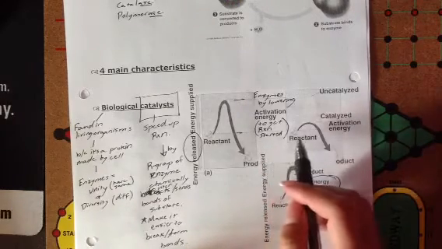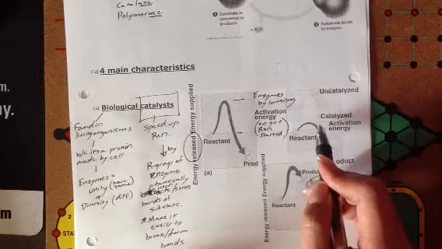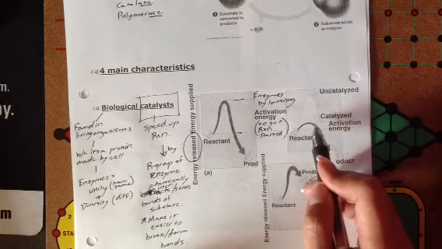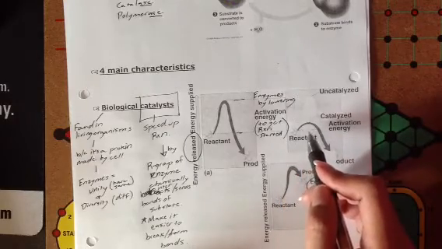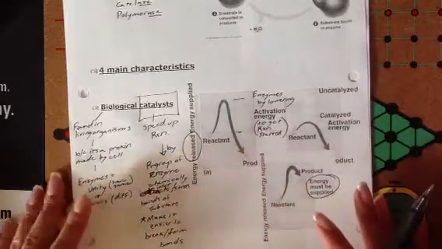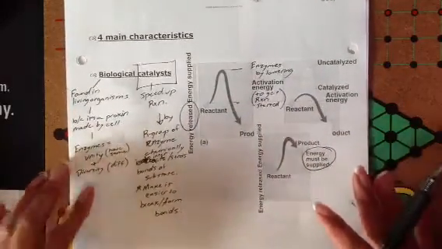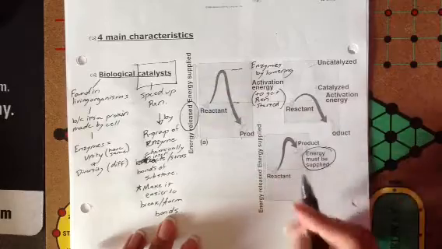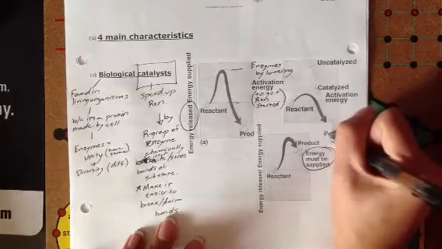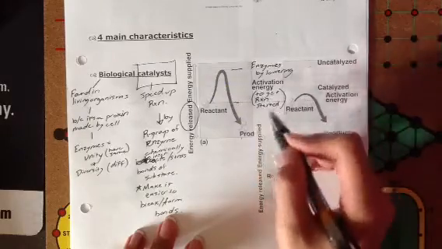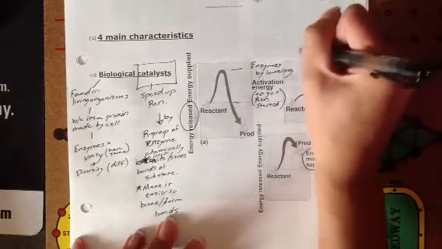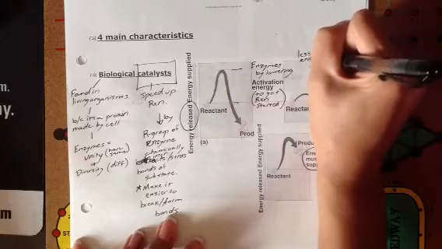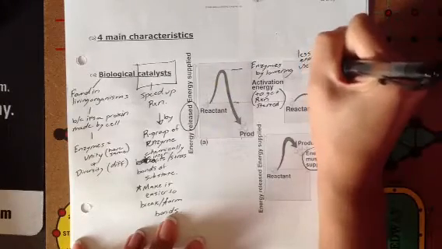But if you have an enzyme, the amount of energy it takes for the reaction to occur is significantly less, so it's going to make that reaction happen faster and using less energy, so it's less expensive for the cell or the organism. And in the end, you end up producing the same products. Same product is made, but with less energy being used.